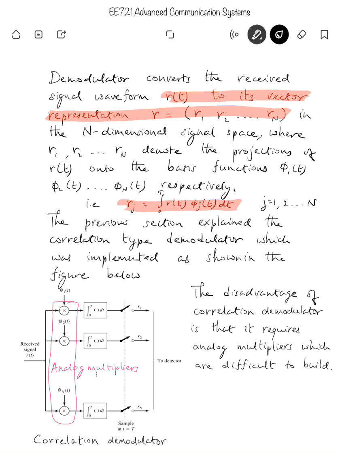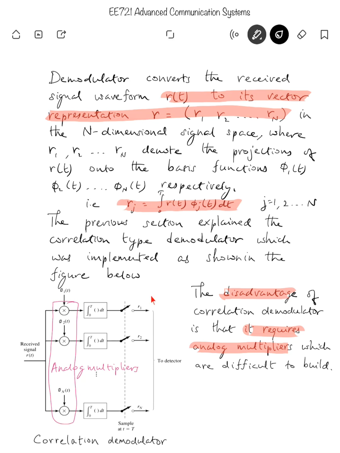So the disadvantage is that it requires analog multipliers, and analog multipliers are difficult to design and build. The implementation is difficult, not impossible, but because of that difficulty, we want to work out an alternative mechanism of doing the same process.